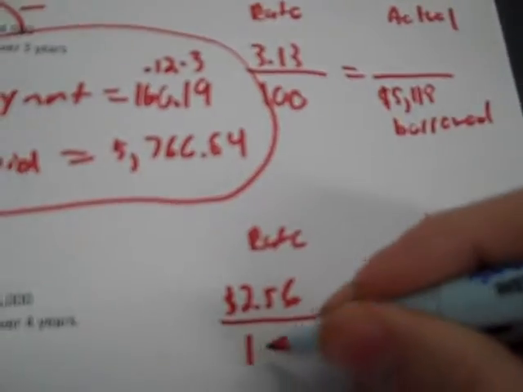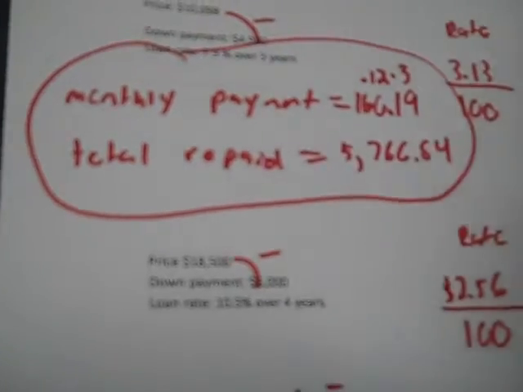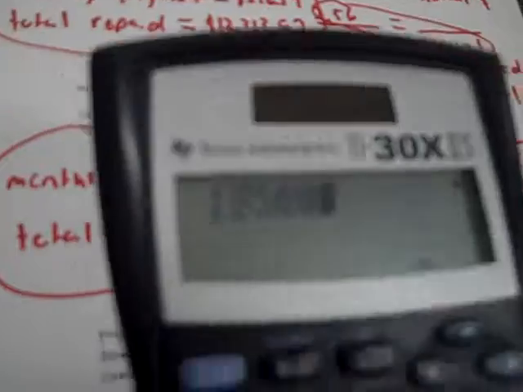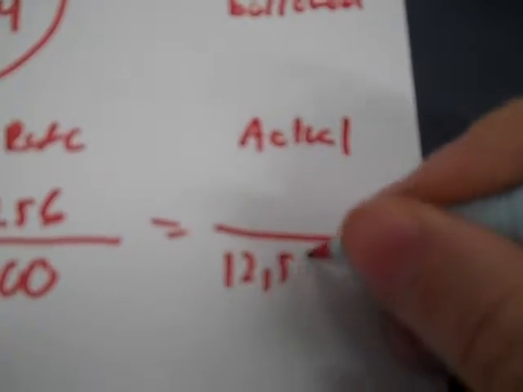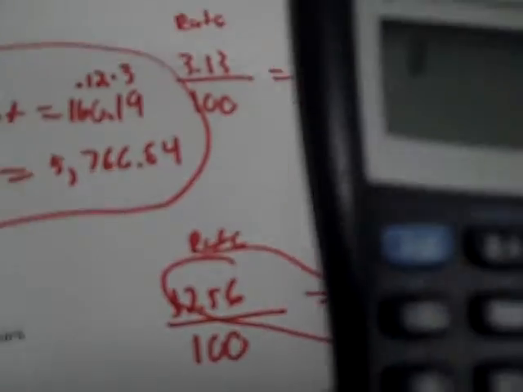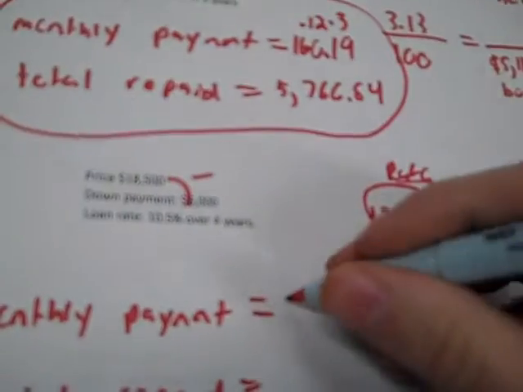That's not going to change. And then to find the borrowed amount, I need to subtract the down payment from what the price was. $12,500. So then I cross multiply and divide. So 2.56 times 12,500 divided by 100. So you're paying $320 every month.